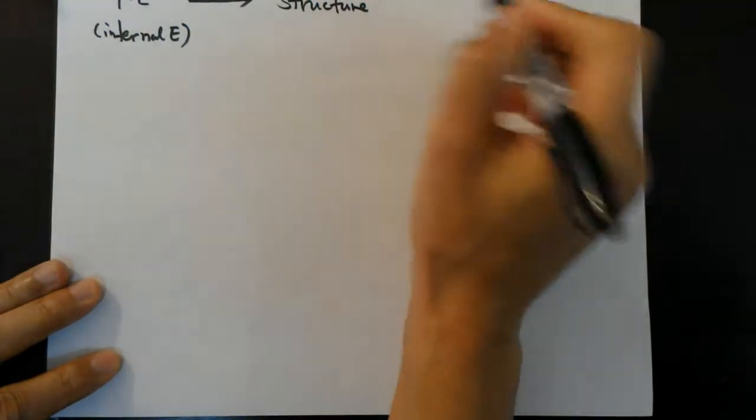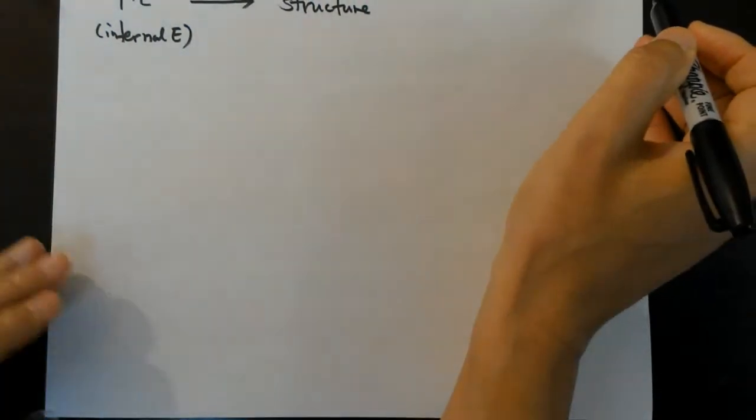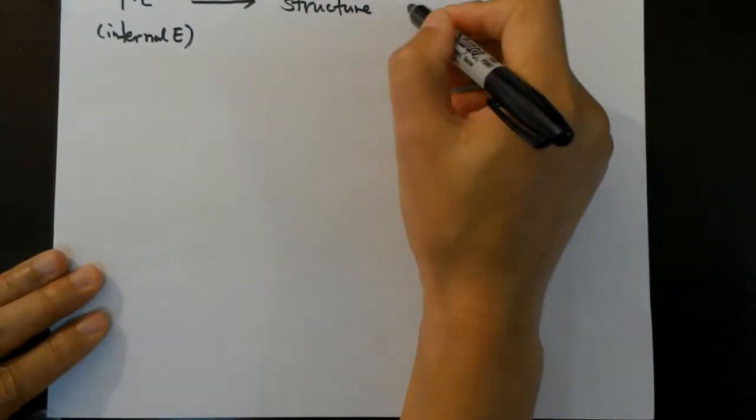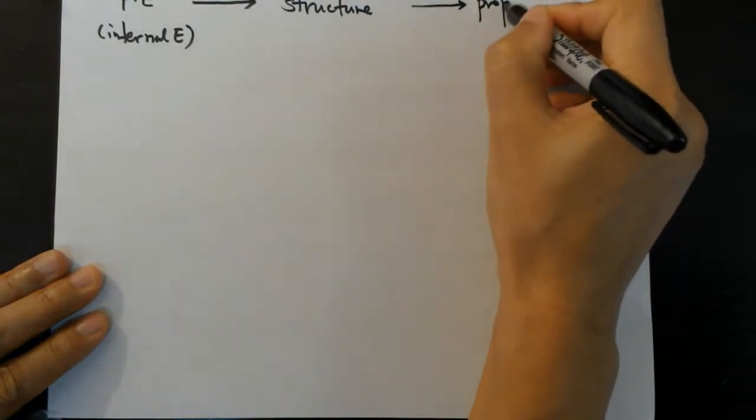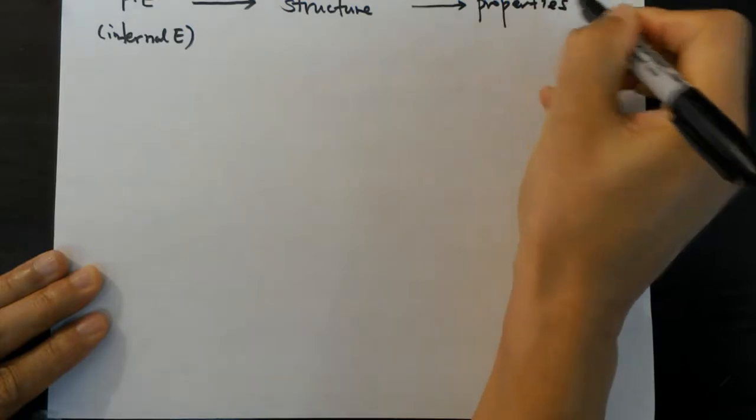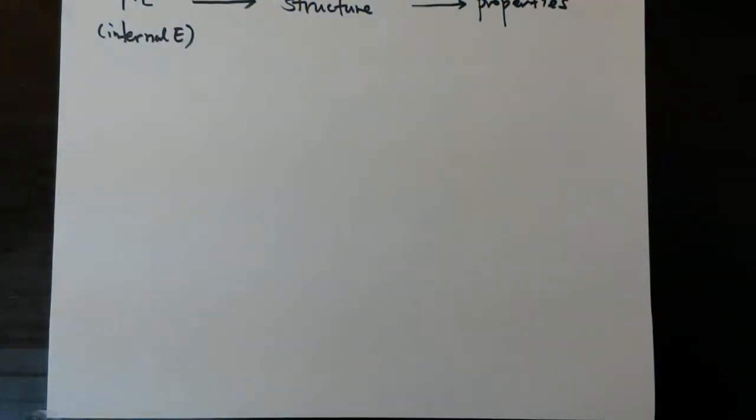Then I showed briefly, before I tackle it extensively later, that the structure determines properties. I briefly explained some physical properties using intermolecular forces between solutes and solvents, and also properties like chemical reactivity.